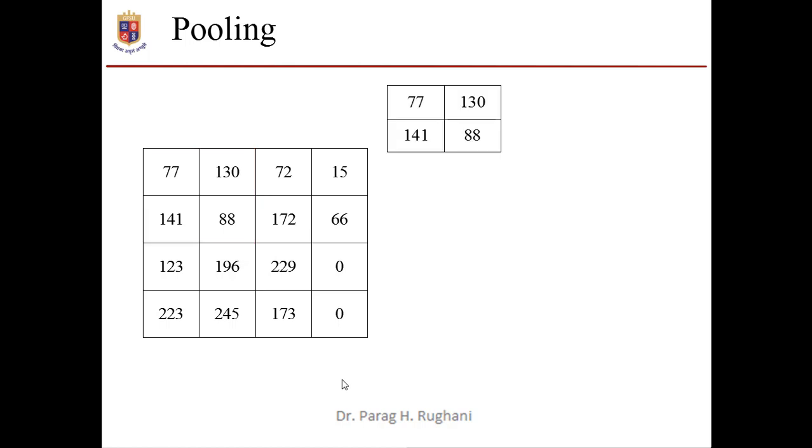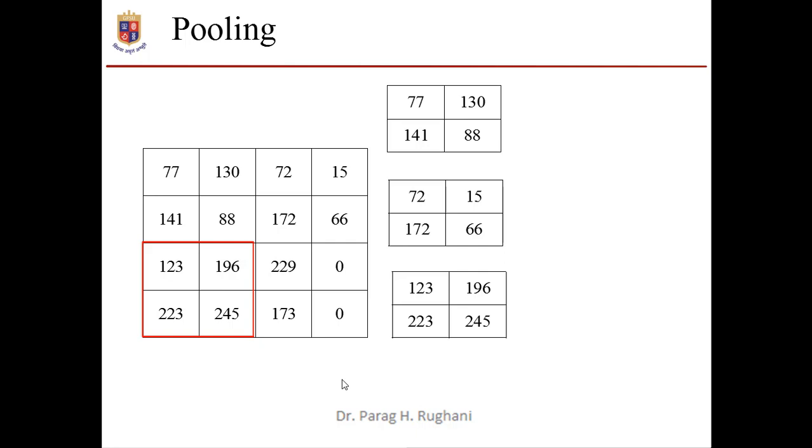The other matrix will be 72, 15, 172 and 66, and the third matrix will be 123, 196, 223 and 245. The final 2 by 2 matrix out of this 4 by 4 will be 229, 0, 173 and 0.